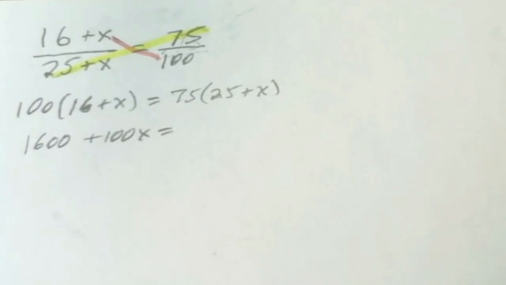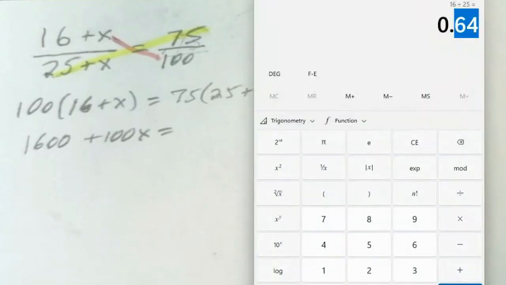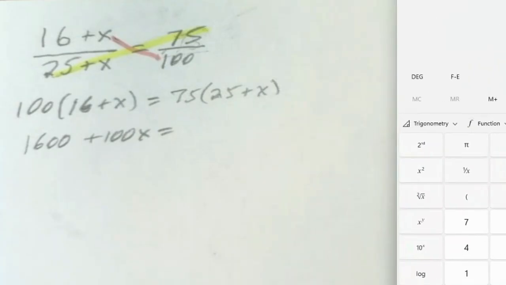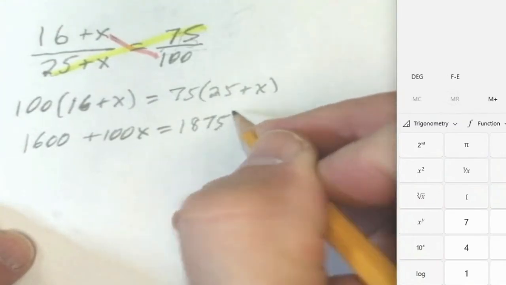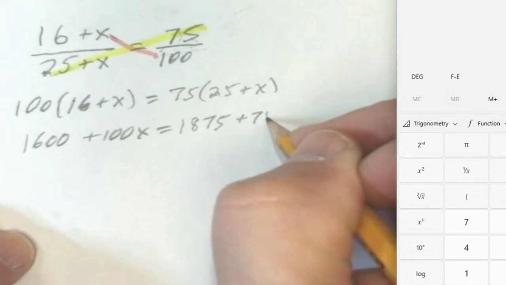I want to pull up the calculator for the other one so we don't make any mistakes there. 75 times 25. That's 1875, plus 75x.